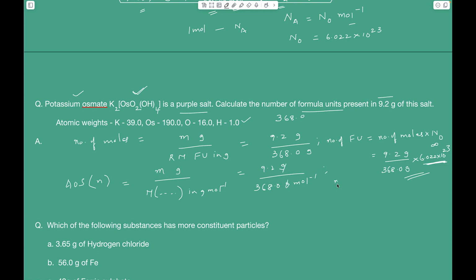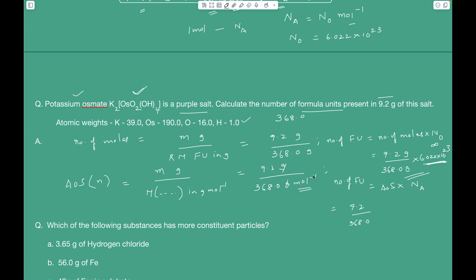Then if you want to get the number of formula units, you have to multiply the amount of substance with Avogadro's constant, N with the subscript A. So then it becomes 9.2 over 368.0.